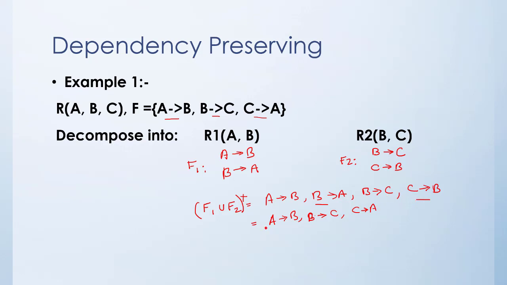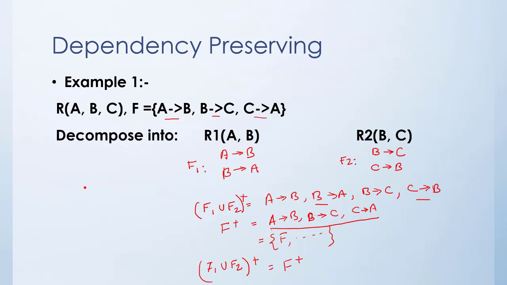You can see that in the closure we get F, and the rest are also present in the closure of F. So the closure of F1 union F2 is equal to the closure of F. As this condition is true in this case, we can say that the decomposition of R into R1, which is AB, and R2, which is BC, is dependency preserving.